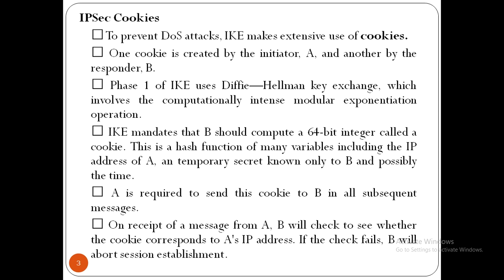For example, we use equations such as g to the power a mod p and g to the power b mod p, where g is the generator, commonly known to A and B. Small a and b are secret, randomly selected values chosen by A and B, and p is a prime number.